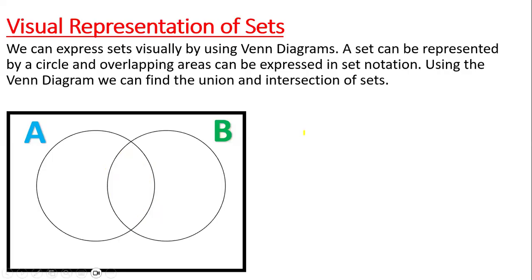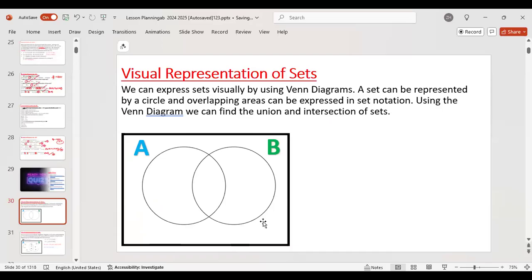Okay, so now we can put our elements inside the set. One more thing, this is very important. Before we even start with the elements, we need to put our universal set symbol here, and we're gonna learn more about this symbol.